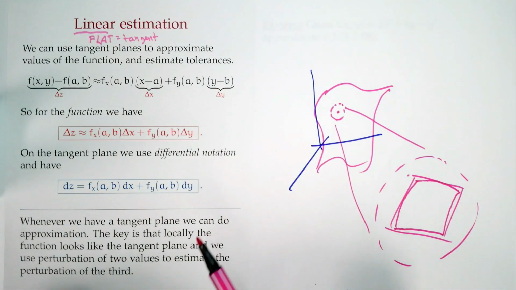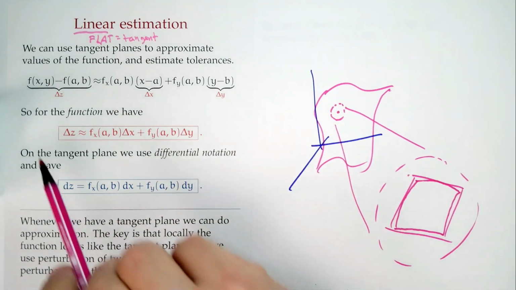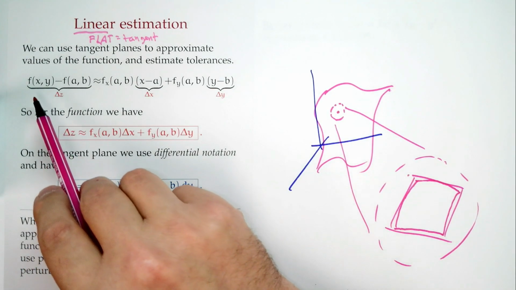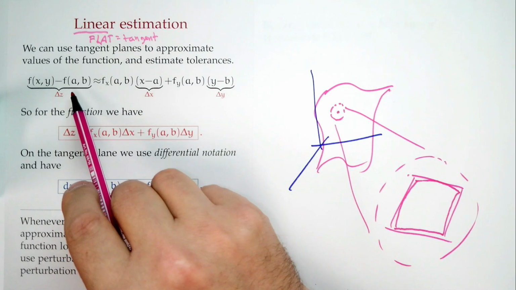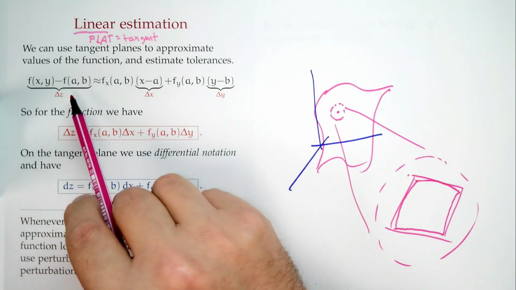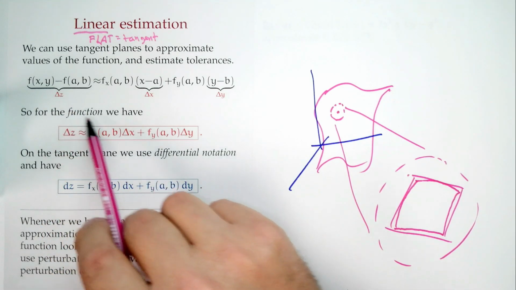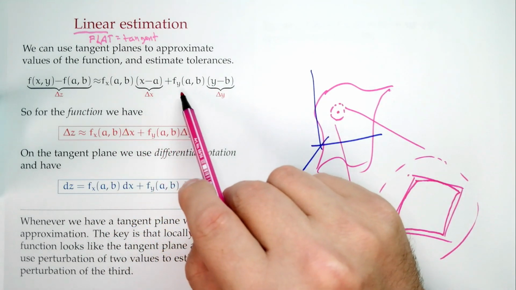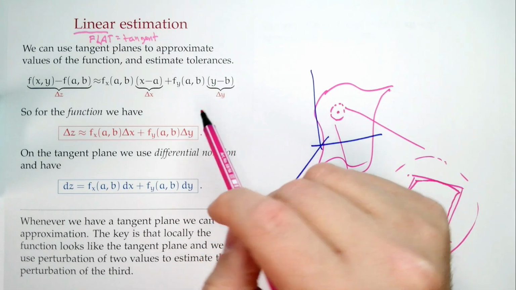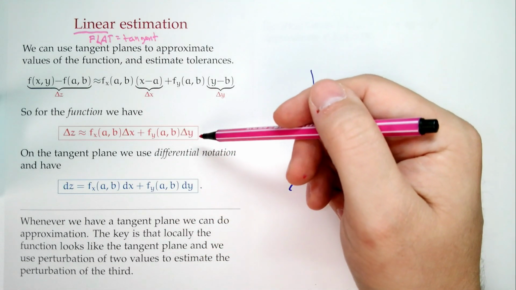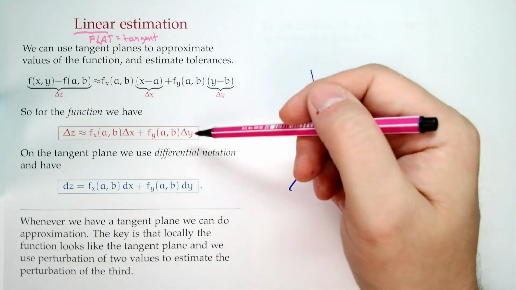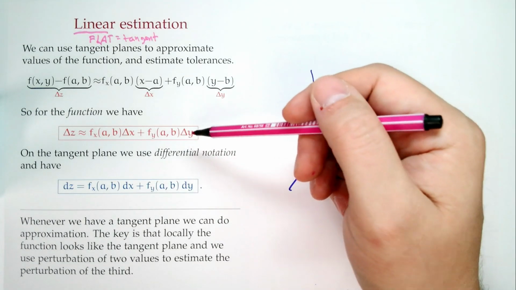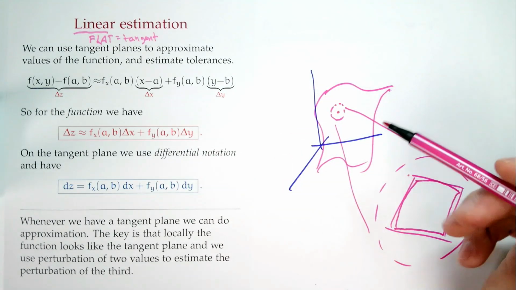So, what do we get? Well, rearranging, we can say that the difference in the output, f of AB versus f of xy, we call that the change in z. That's f sub x at AB times the change in x, plus f sub y at AB times the change in y. So this is a way of saying our tangent plane is a good estimate for our function nearby.